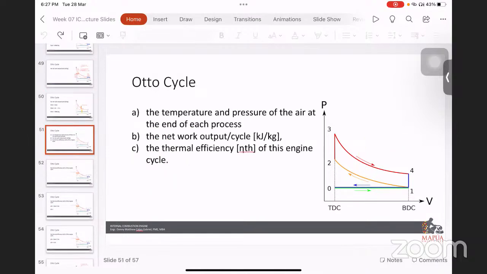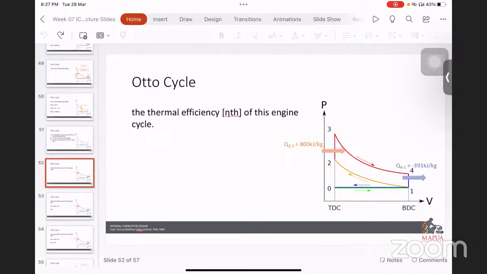Malapit nang matapos. So last is yung thermal efficiency natin. Yung thermal efficiency natin, sabi natin makukuha natin yung sa ratio ng input tsaka output heat. So ang input natin is 800 kilojoules, ang output natin is negative 391. So Q net over Q in. Ano ba yung Q net natin?